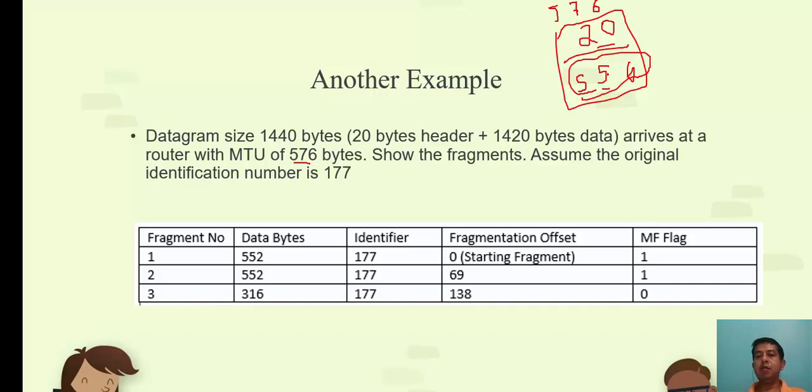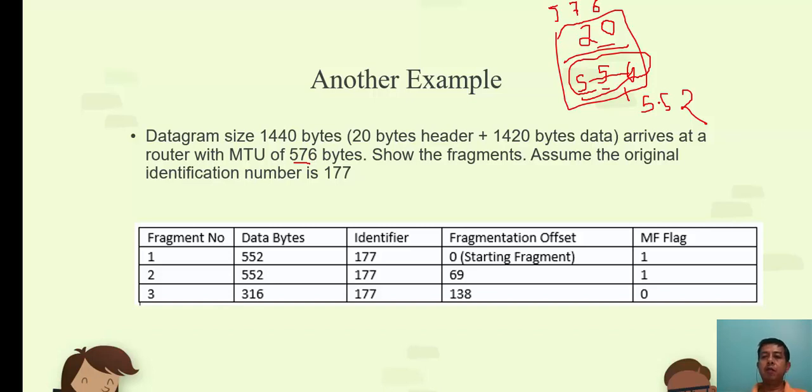So although I can insert 556 bytes in my fragments, I cannot use 556 because it is not divisible by 8. The nearest number that is divisible by 8 is 552. Clear? So instead of 556 bytes, I have to insert 552 bytes because 552 is divisible by 8.